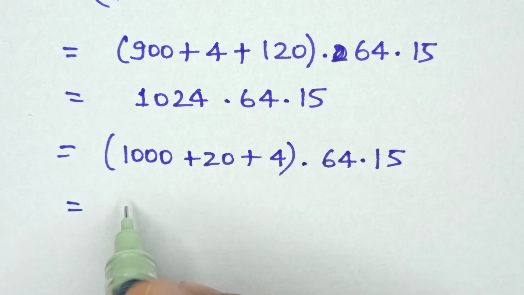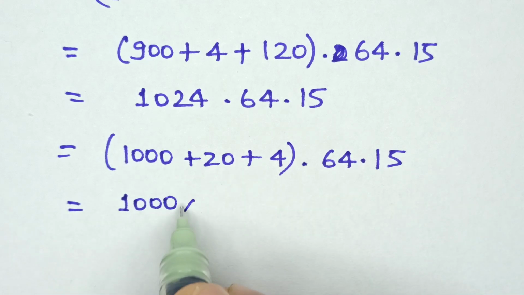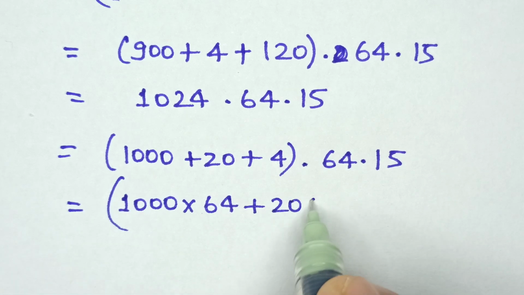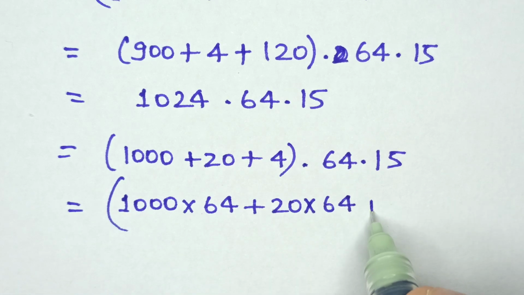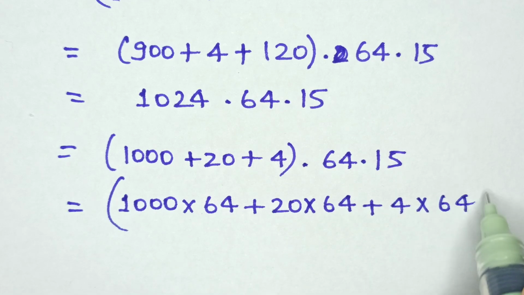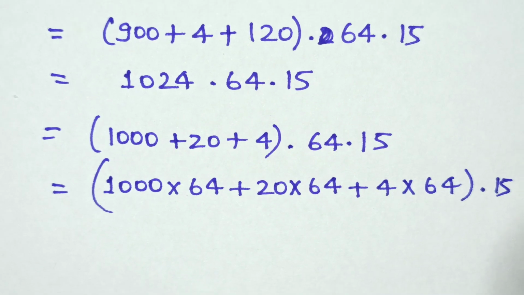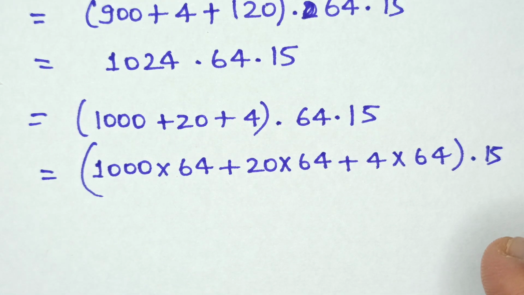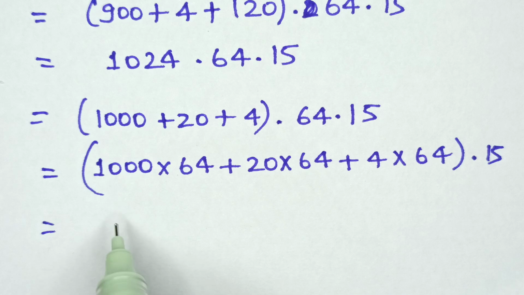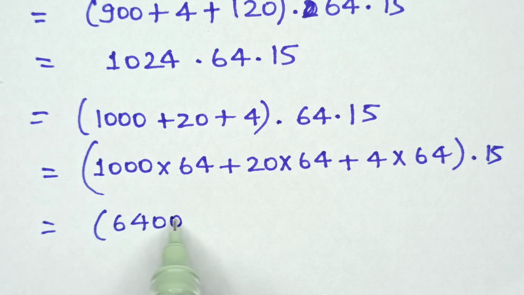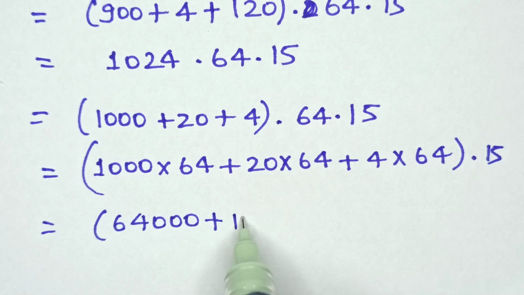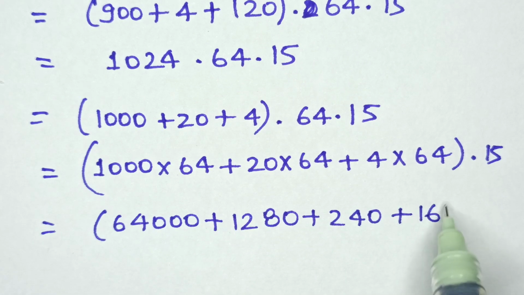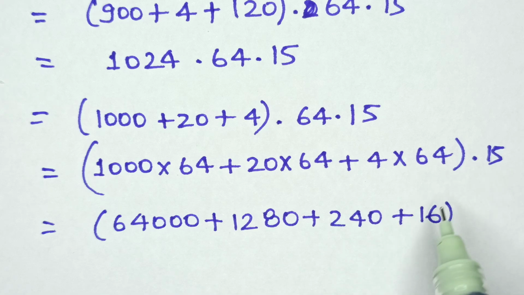Now when you open this, it would be 1000 multiplied by 64 plus 20 multiplied by 64 plus 4 multiplied by 64, multiplied by 15. Now in the next step we multiply all these numbers together, so this would be 64,000 plus 1280 plus 240 plus 16, multiplied by 15.